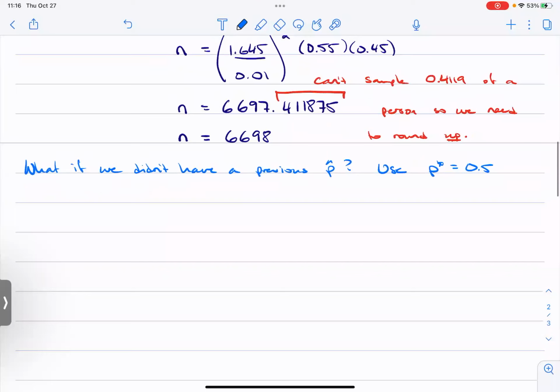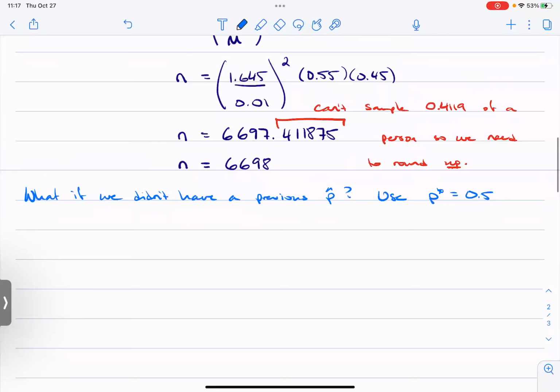So I used to work for a market research firm, and I think once you've done a few of these calculations, you'll see that they're not bad, right? They're pretty easy calculations to do. But when I worked at this market research firm, of course, they do a lot of polls, a lot of surveys, and they need to calculate the sample size, and we do exactly this.